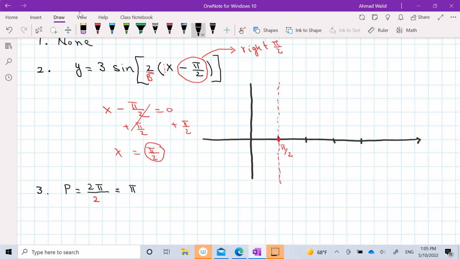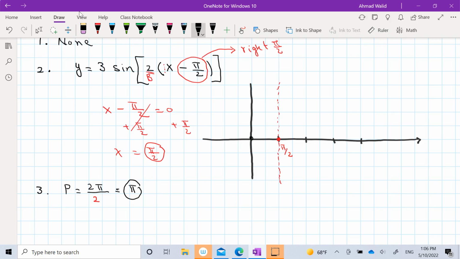Now, because with the phase shift, because we are moving from 0 to pi over 2 and we start graphing from pi over 2, we need to do a little bit more work with our period to find the actual period. Whatever this period is, correct?